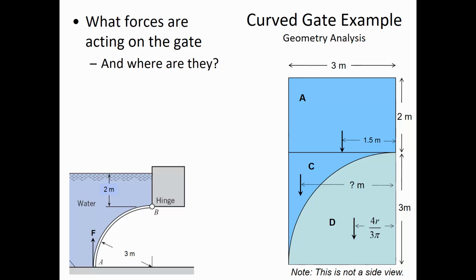Okay, now in order to calculate the weight of the water of element C, what I'm going to suggest is that first we calculate B. So B is the whole rectangle, that is all of the water that would be here if we had it going from the hinge all the way over to the edge and down and then back again.